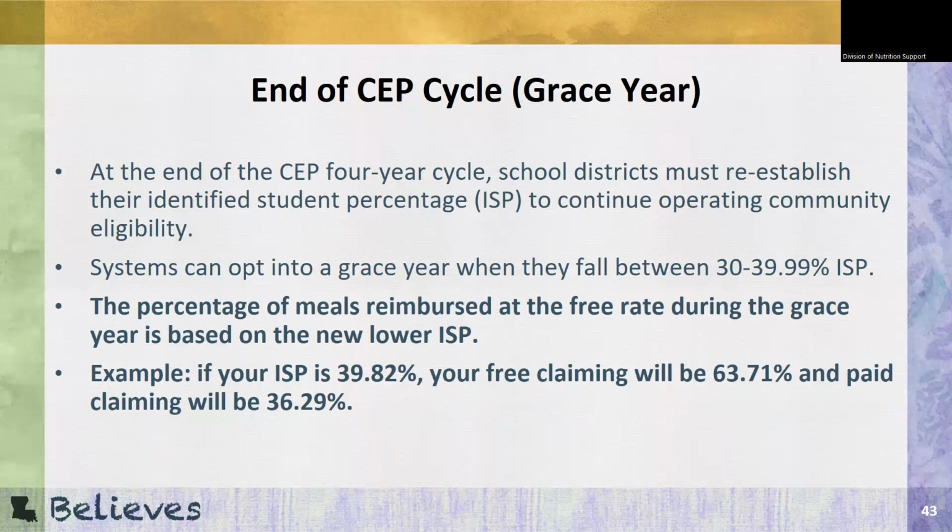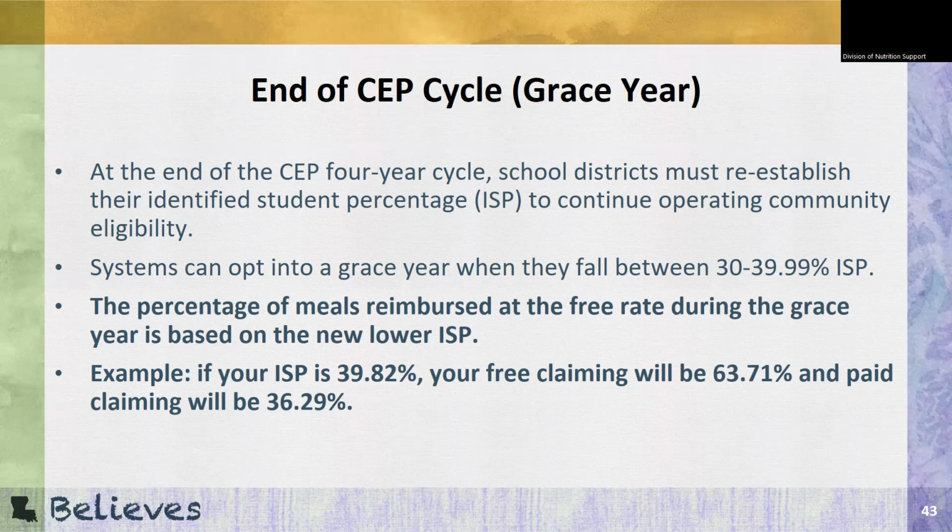The end of a CEP cycle or grace year. If the SFA does not have an identified student percentage of 40% or higher in year 4 of the current cycle, the SFA may be eligible to stay on the option for an additional year, which will be the grace period.